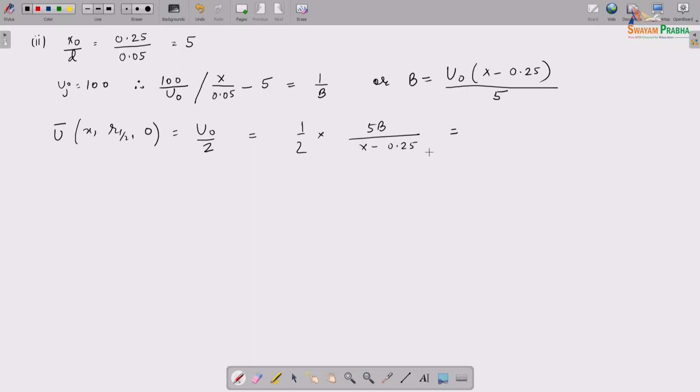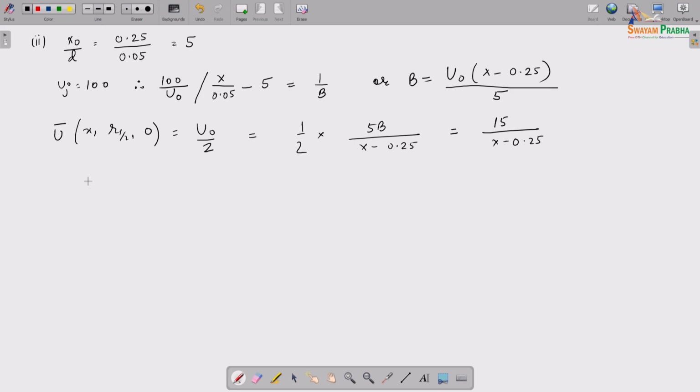Okay, so how do you get 15? Sorry, yeah, b is equal to 6, so this turns out to be 15 by x minus 0.5.